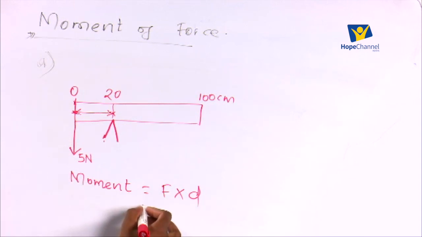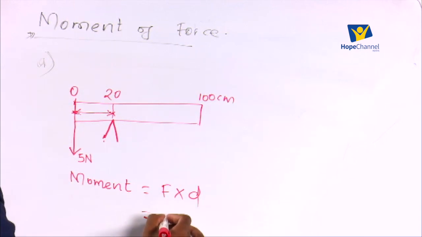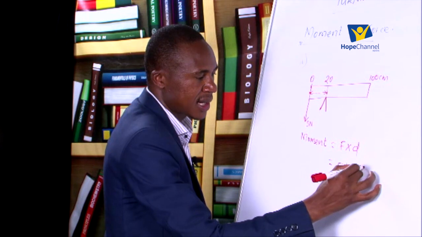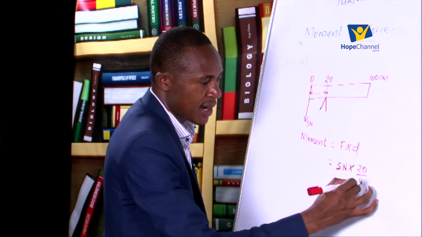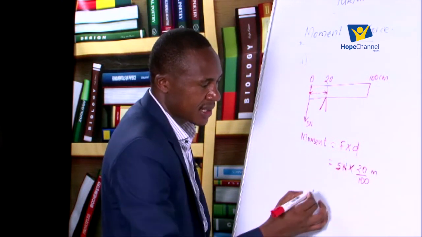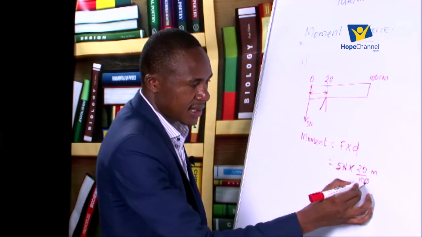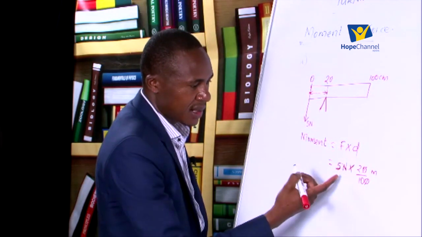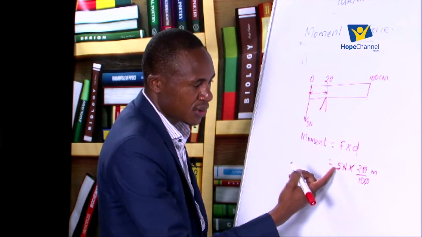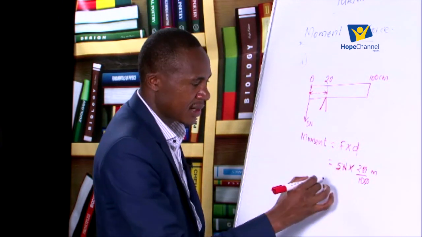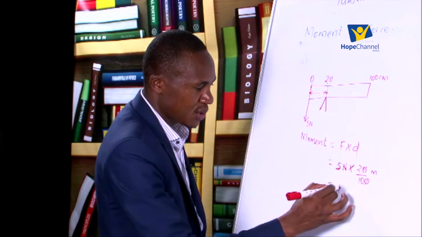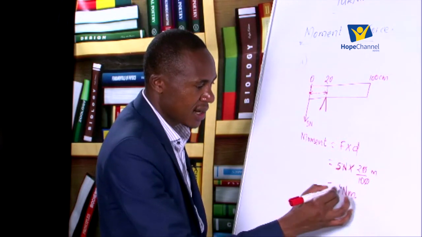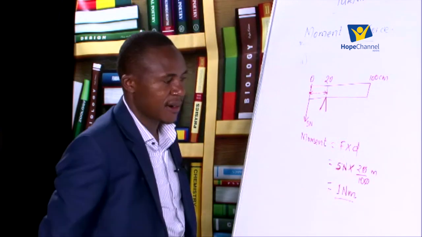So our moment will be equal to the force, 5 newtons, times the distance. The distance is 20, but we need it in meters, so 20 divided by 100. This 0 cancels with that one. 5 times 2 is 10, and 10 divided by 10 is 1. So the moment becomes 1 Newton meter. That is how we obtain the moment of a force.